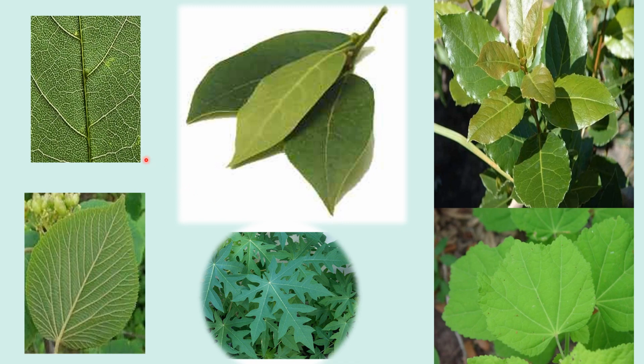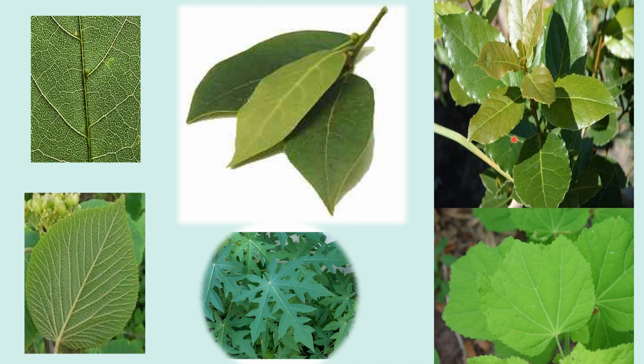Can you identify these leaves? These leaves are dicot leaves because they show reticulate venation. If you observe these leaves, you can see the upper surface and lower surface. These two pictures show the lower surface, where veins are very clear. More stomata are present on the lower surface of the leaf.